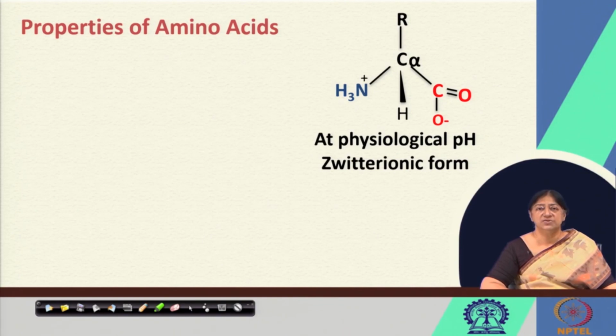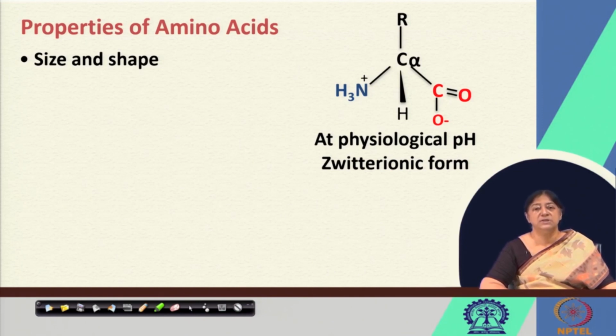Because it has an NH3 plus and a COO minus. Now, this zwitterionic form is the most common form present at the physiological pH of 7.4. We look at the size and the shape, because these are going to be important in how it appears in a protein.